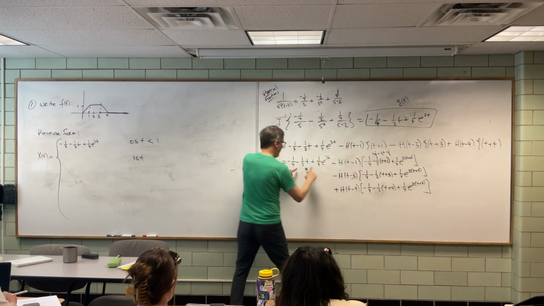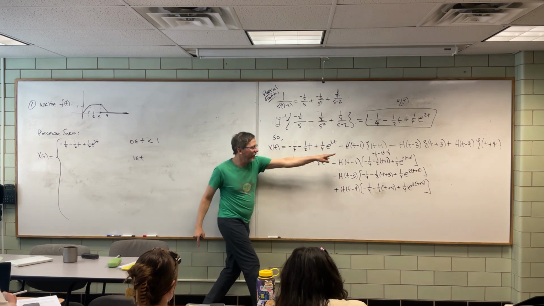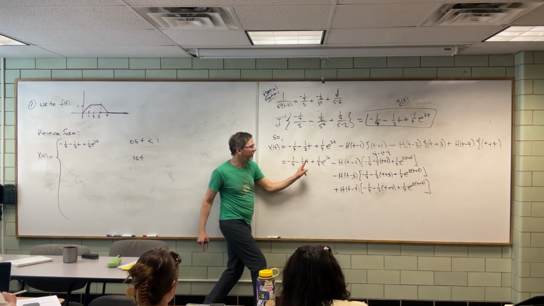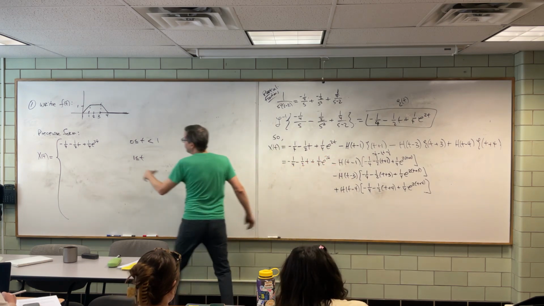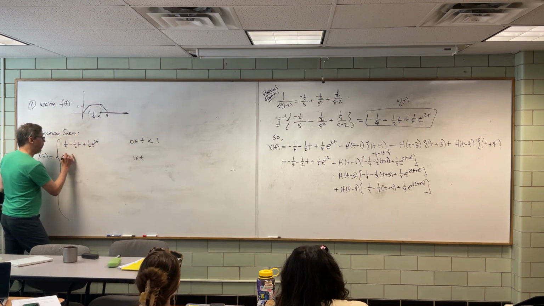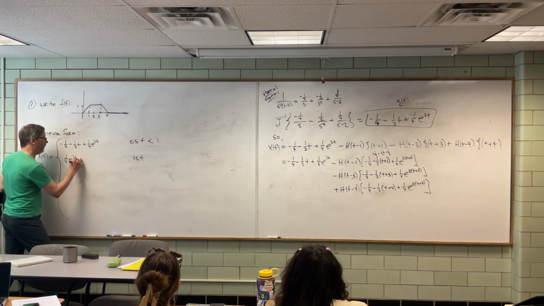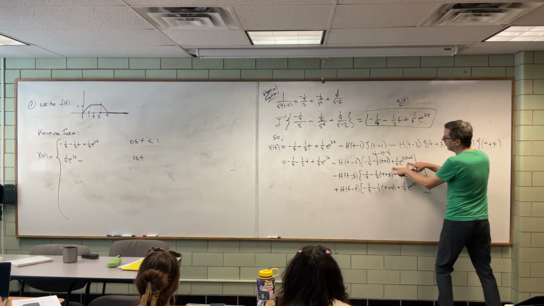And I'm going to combine that with this. So notice that the -1/4 minus -1/4 is dead. -1/2 t minus -1/2 t is dead. So these two pieces cancel in the next bit, and I'm left with 1/4 e to the 2t minus 1/4 e to the 2t plus 1.